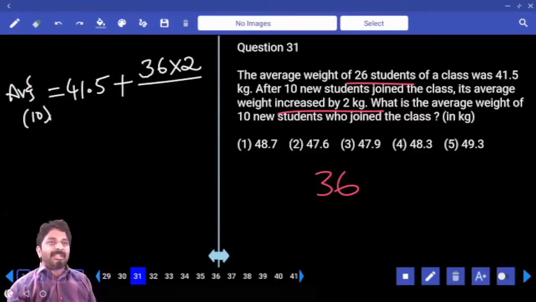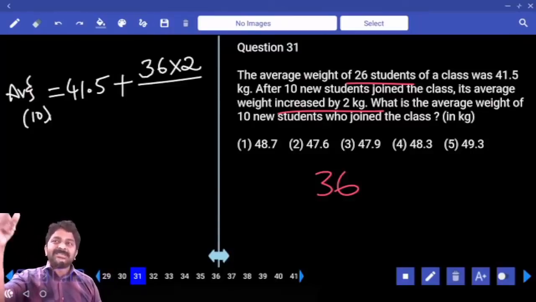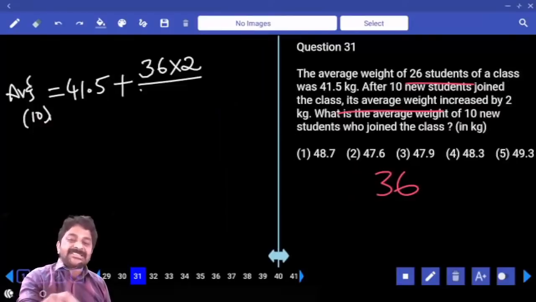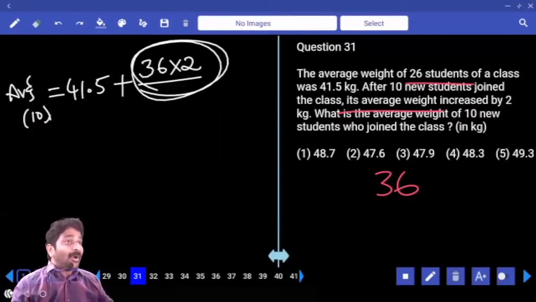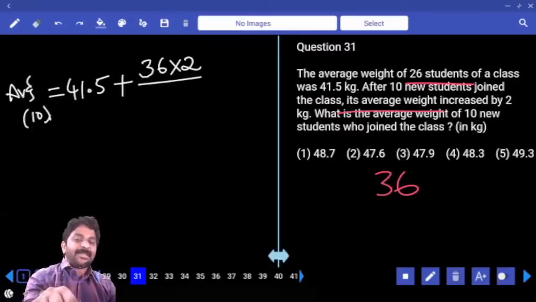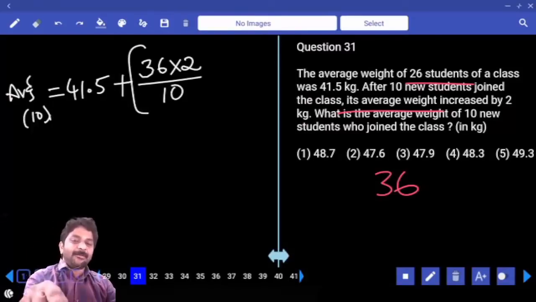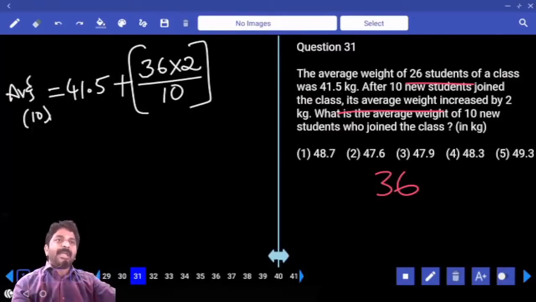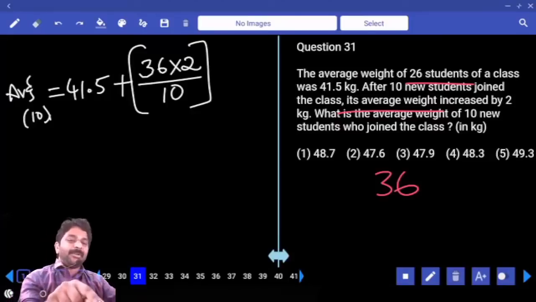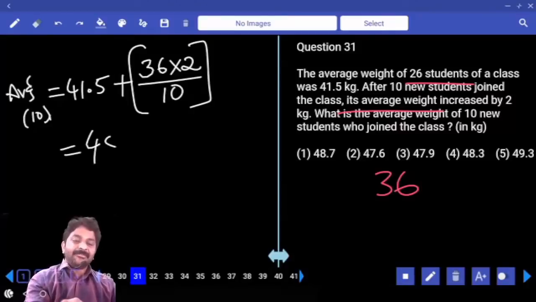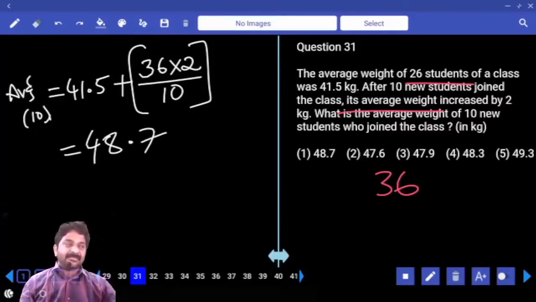What are we trying to calculate, the average for the whole class or the average for only these 10 people? This extra weight has come only because of these 10 people, so it must be distributed among 10 people. The numerator is 72 by 10, 7.2. Add 7.2 to 41.5. Answer: 48.7.